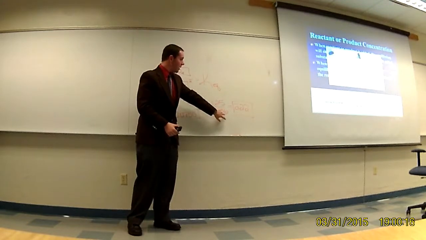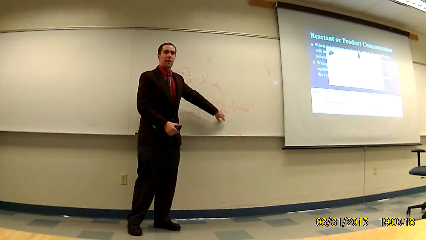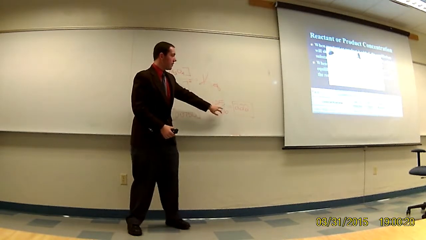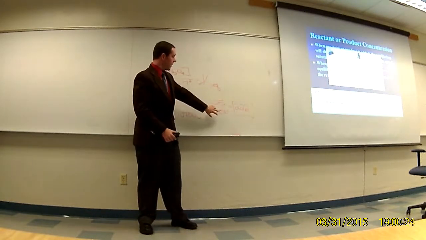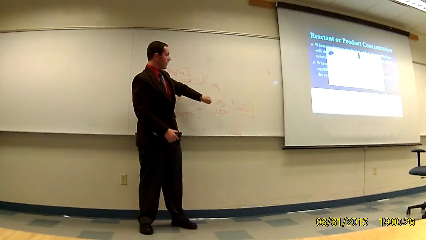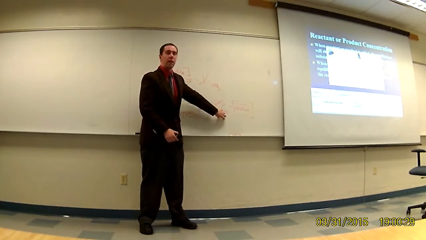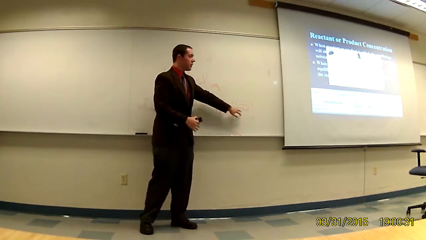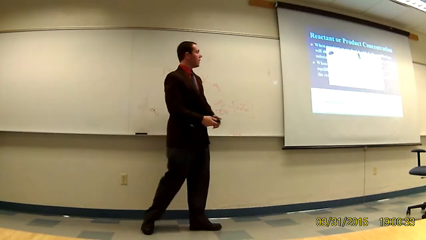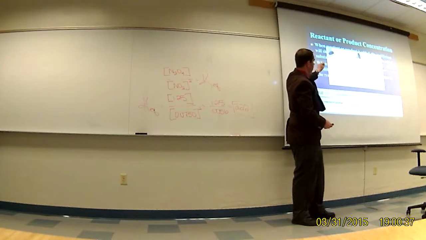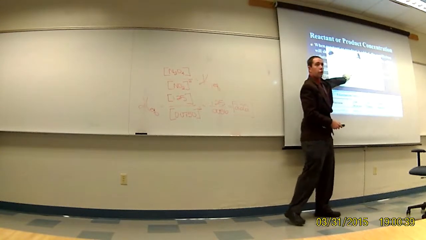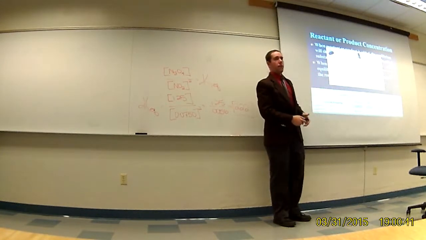If all of a sudden I change this number, now this fraction does not equal 222 anymore. So if I take some of this out, some of this has to come out of here and go back down here to make it so our fraction equals 222 again. So in our picture, we take out yellow molecules, and some of our green are going to turn yellow to replace them.